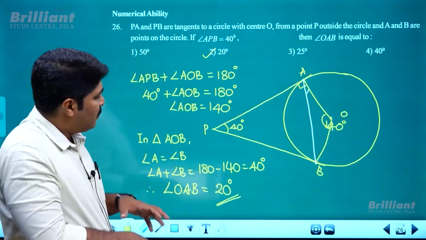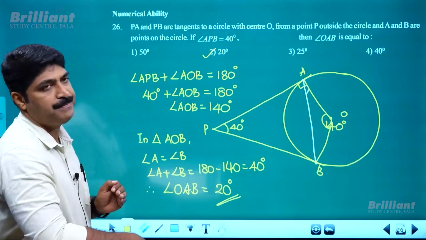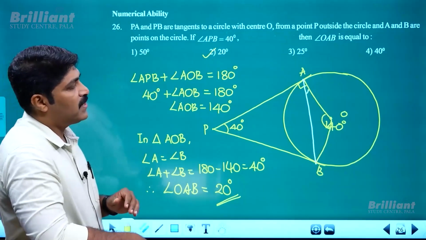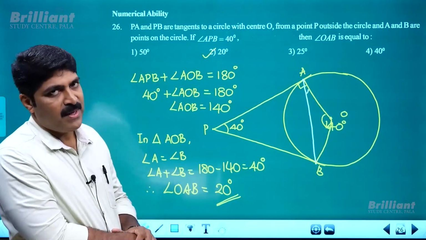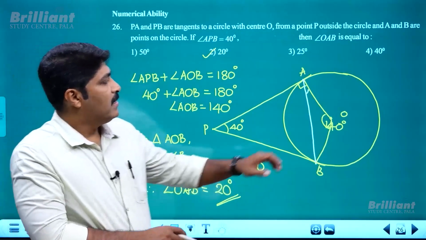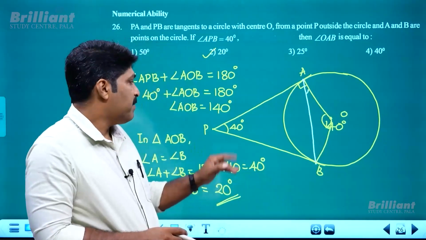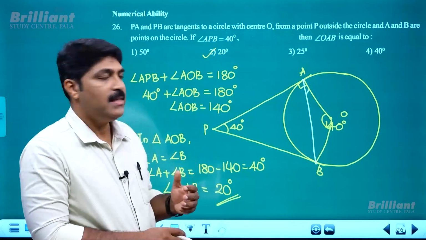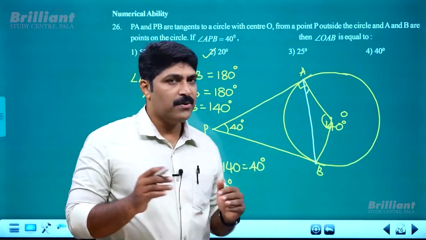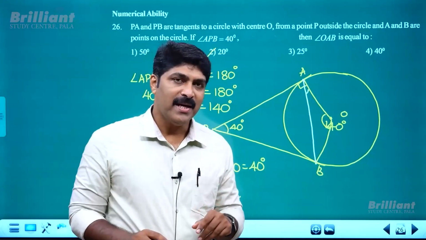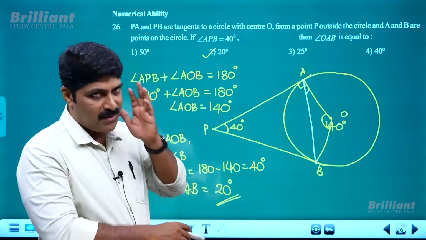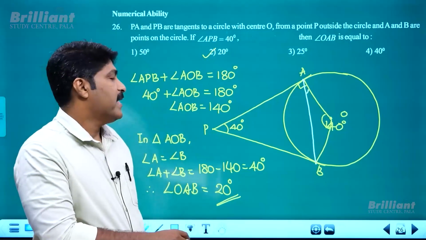After solving this type of question, we can generate some general concepts. In similar questions, we know that this angle AOB is the supplementary pair of this angle, supplementary pair in the sense that the sum of these two angles will be equal to 180 degree. At the same time, we generate another concept also.